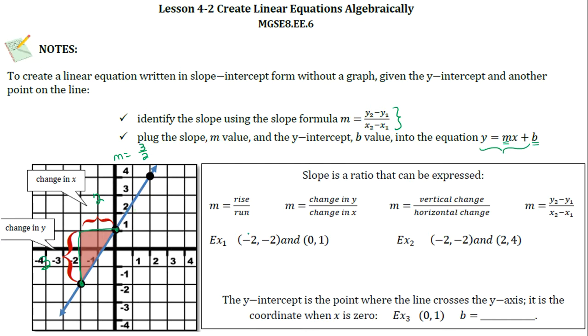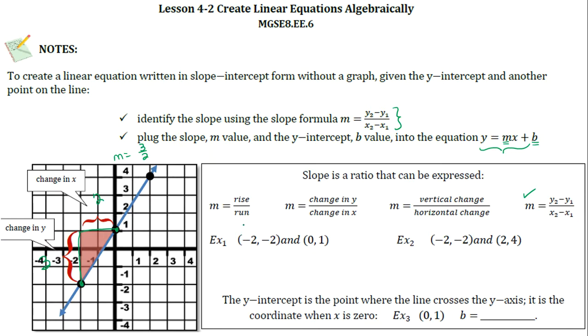Now, let's take a look at these 2 points and just use the slope formula to find the slope between these 2 points. Remember, slope is a ratio and it can be expressed rise over run, the change of the y compared to the change of the x, or you could consider the vertical change compared to the horizontal change.